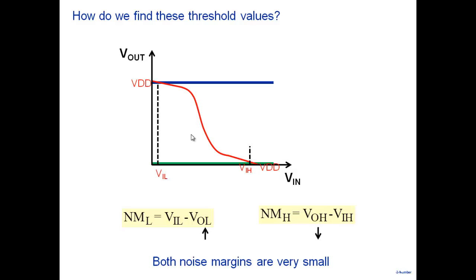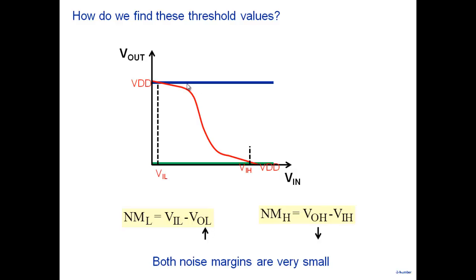So let's try to reduce VOH. VOH was equal to VDD, let's decrease it. And let's assume for the moment that these are symmetrical characteristics. It doesn't look symmetrical, but let's say this is symmetrical. So what I'm going to do is decrease VOH and increase VOL. So I'm going to expand this definition of logic 0 and expand this definition of logic 1 here. What would happen to VIL?